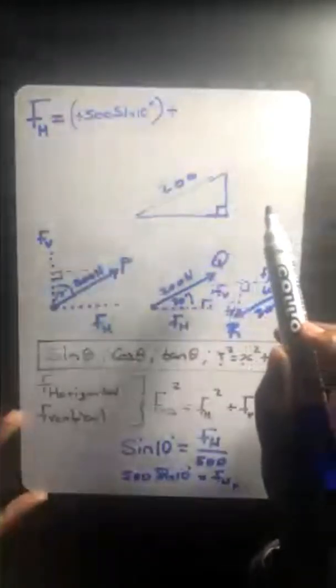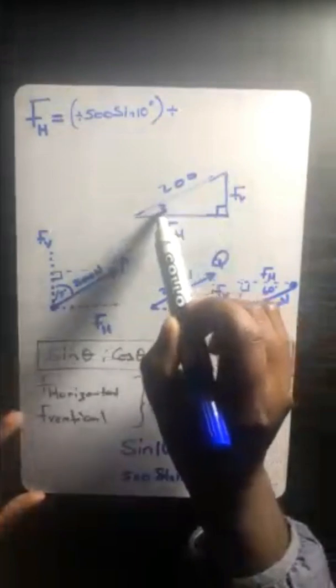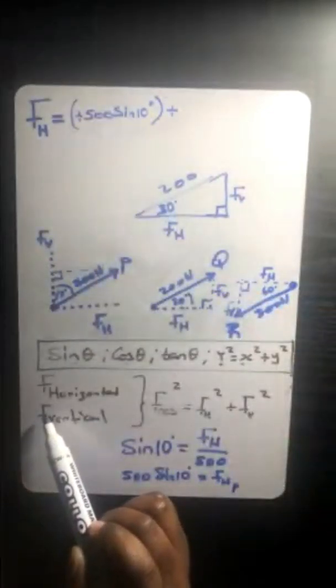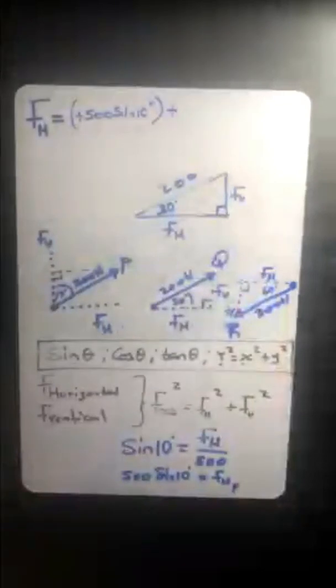All right, now we are on that triangle. We have a 90-degree angle there, and then we have 200 there. Do you guys agree that this is the vertical line and this is the horizontal line, and we have an angle of 30 degrees there? What are we calculating, guys? We're calculating the forces horizontal. So which trig ratio are we going to use there?